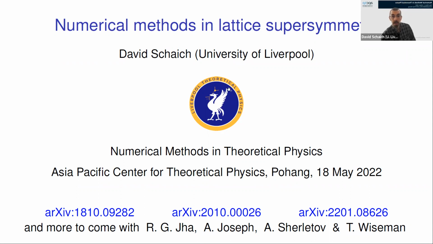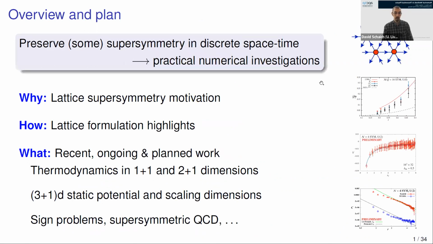The central theme of what I'll be presenting today is that in order to make these numerical methods practical to investigate supersymmetric lattice systems, a key step is to formulate those systems in a way that is able to preserve at least a subset of these supersymmetries in the discrete spacetime of the lattice formulation.